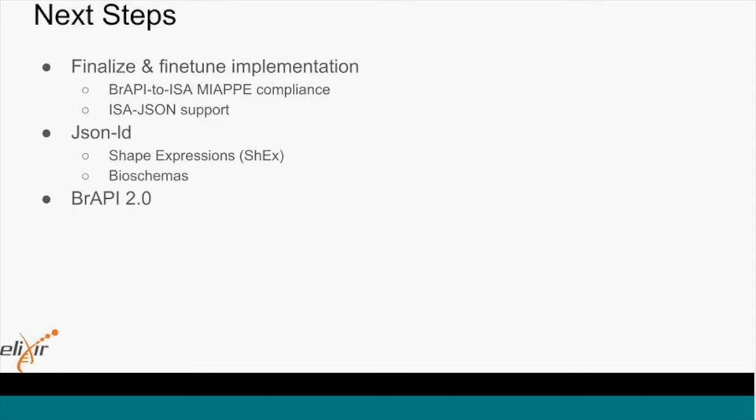Next steps, as mentioned, are JSON-LD, where we want to link with Bioschemas. And on the somewhat longer term, we are developing the Breeding API 2.0 version, where we will improve MIAPPE compliance even further.